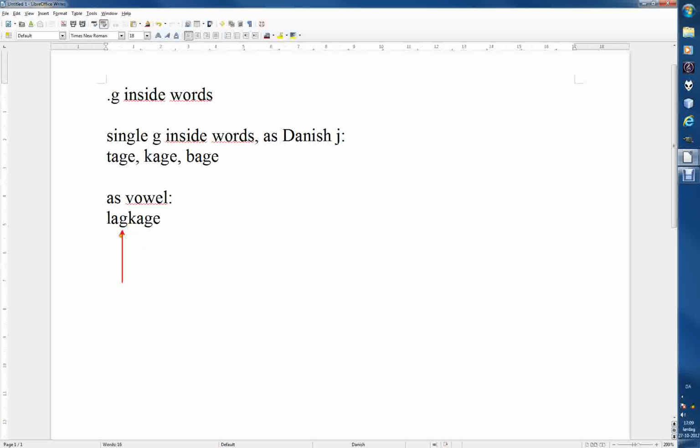So we have the lau K. That would become like this, lau, and then K. That's what happens in this case. I'm not sure how many words you can find like this, if this is not the only one. So maybe it shouldn't even be mentioned, so don't worry about that one.